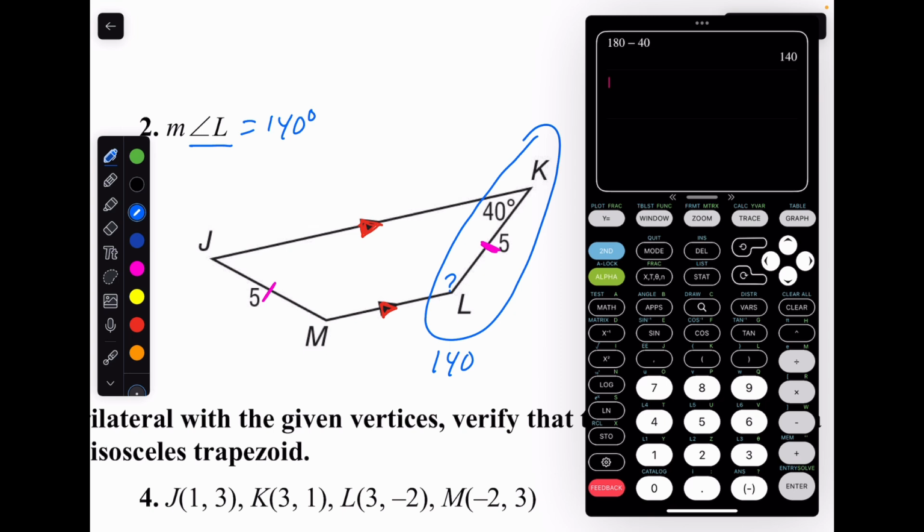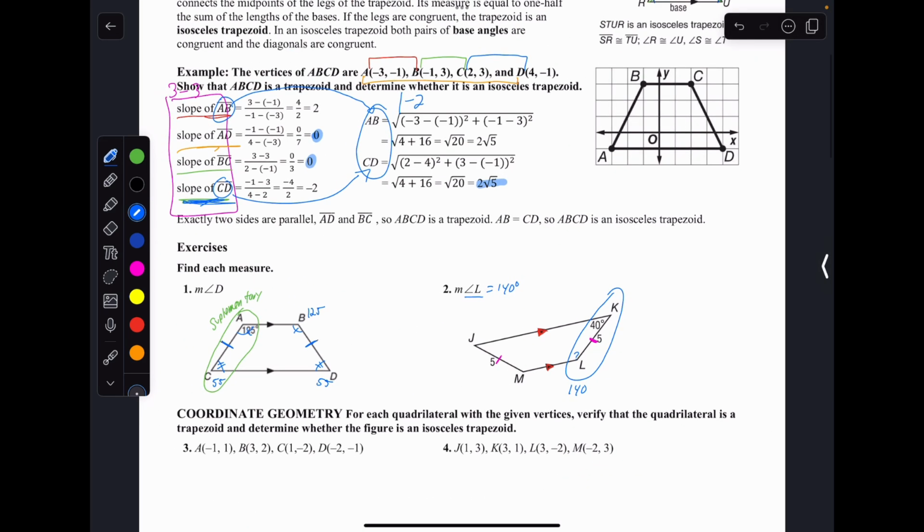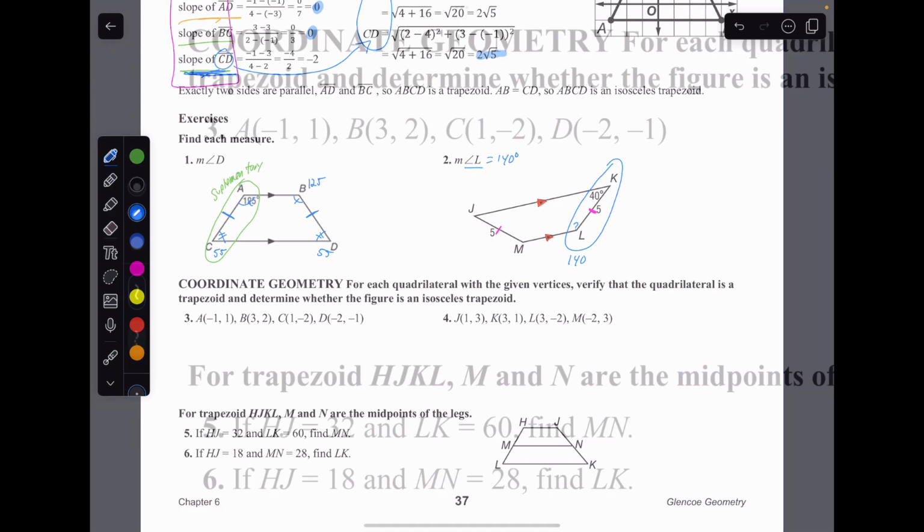Now the next one is going to be a little bit trickier. And for the next one, I'm going to assume, like I said, that you know how to calculate the slope, and that you know how to calculate the distance. Coordinate geometry. For each quadrilateral with given vertices, verify that the quadrilateral is a trapezoid and determine whether the figure is an isosceles trapezoid.